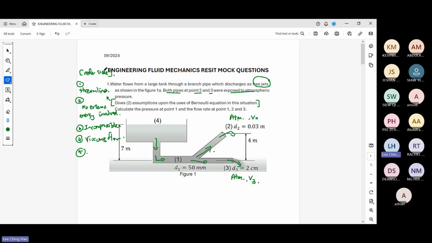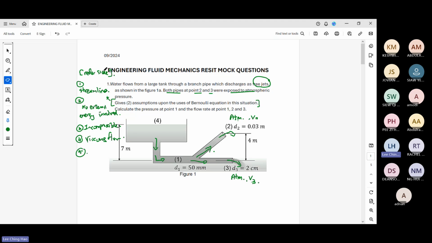Because if you just remember 2, in case you forget, then you lose a mark. Or maybe the question asks you for 3, or maybe it asks for all 5 of them. So better you remember everything.